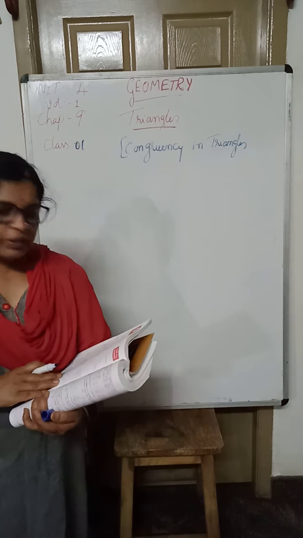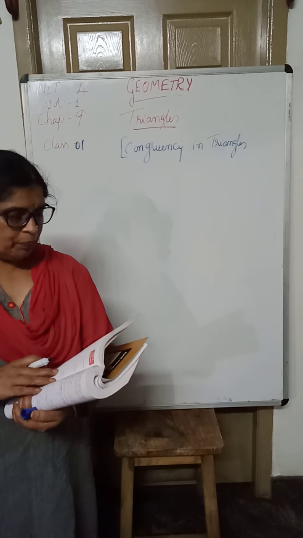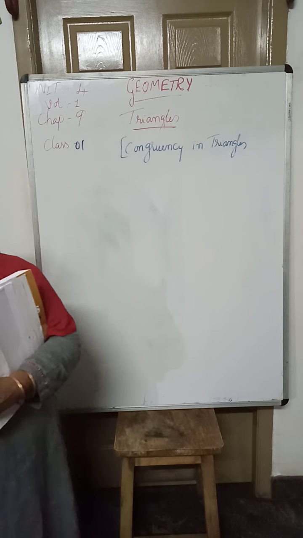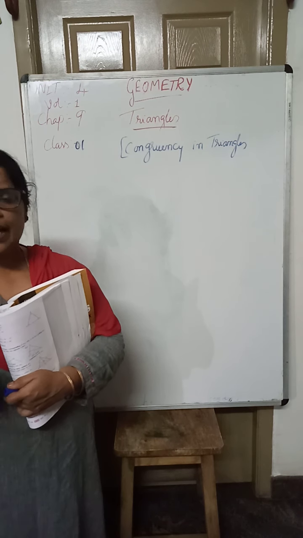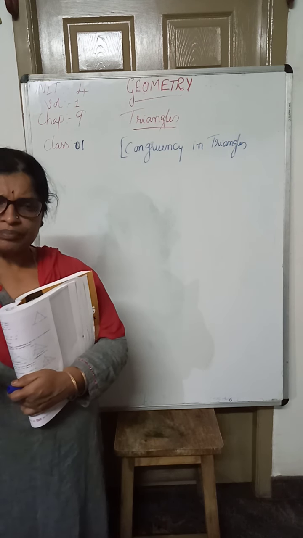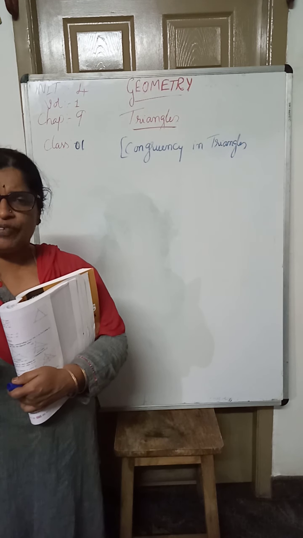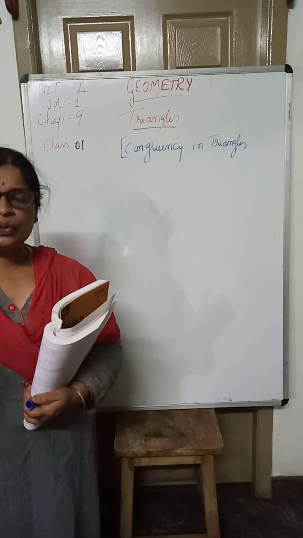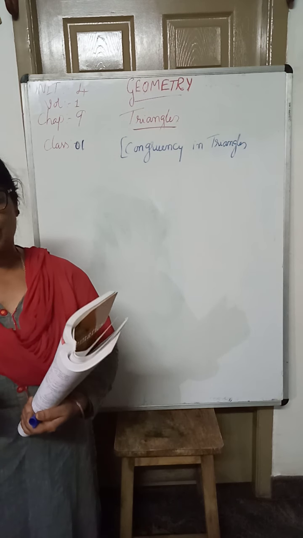Now, a triangle, as we know well, is a closed figure with 6 properties: 3 sides and 3 angles. And there are different types of triangles. If all the sides are equal, then all the angles will be equal to 60 degrees, and it is an equilateral triangle.